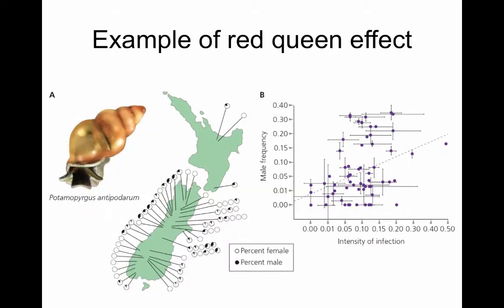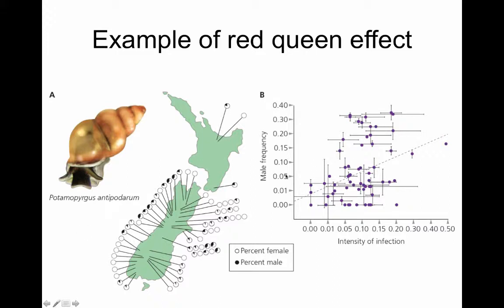One of these is this snail from New Zealand, Potamopyrgus antipodarium. A researcher at the University of Indiana, Keith Clay, and his group have worked with this for years. And this snail suffers from infections of a trematode, and depending on the frequency of the trematode in different populations, the number of males in this snail that's capable of reproducing asexually increases.